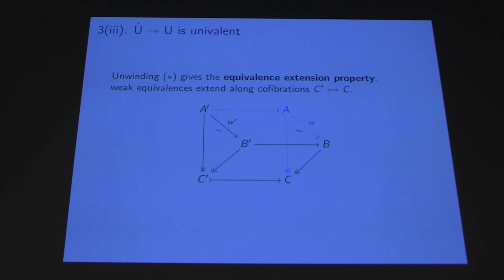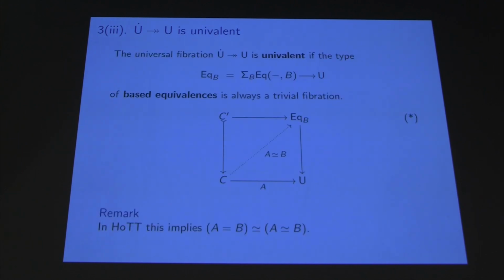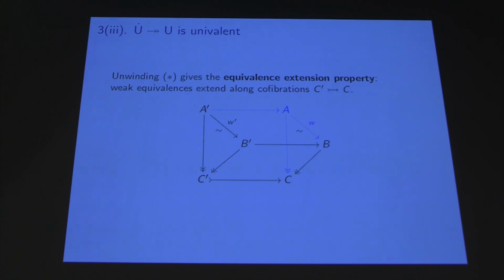How do I prove that? Well, if you unwind this condition here in terms of the classifying property of U, you get a diagram that looks like this, a prism diagram, which was in Voevodsky's original proof of univalence in simplicial sets. It may be familiar to you.